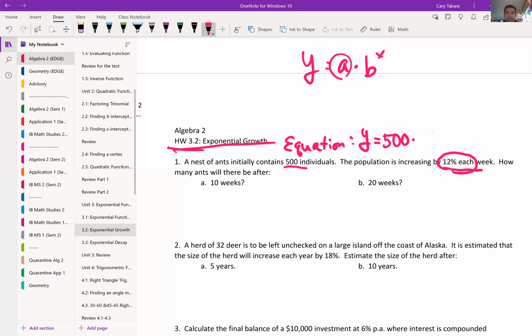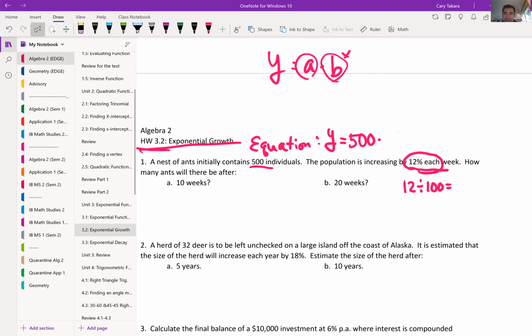To figure out the rate or the B value, two steps. First, you're going to divide by 100. So let's do this: 12 divided by 100. And what does that give you? You will get 0.12.